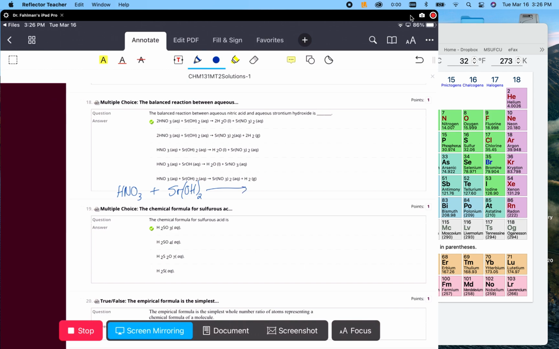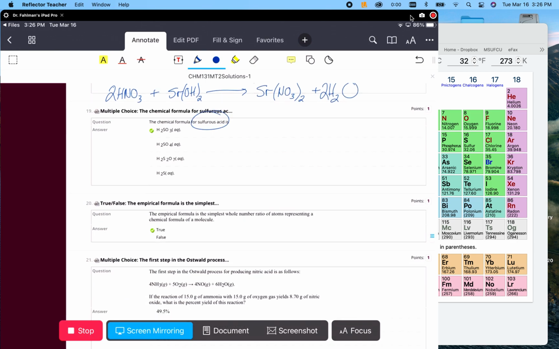And then in this one, you're going to form strontium nitrate and water. Okay, so then we're going to balance this here. So we need a 2 there for the nitrates, and then a 2 for the water. Okay, so that is this one up here.